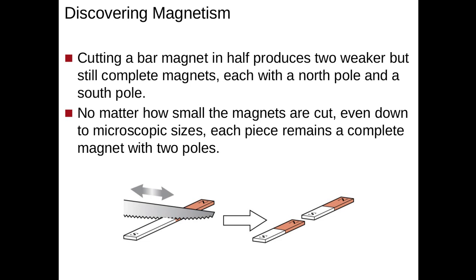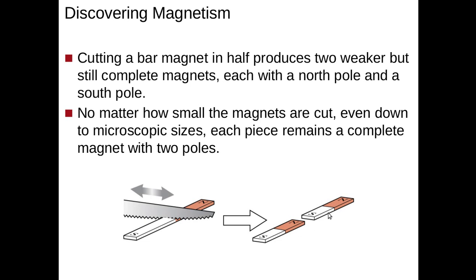If you took one of those bar magnets and somehow you were able to cut it in half, you actually don't cut it into its north and south pole. What you actually do is generate another pair of magnets. So if you keep doing that over and over again, you'll continue to create multiple bar magnets.